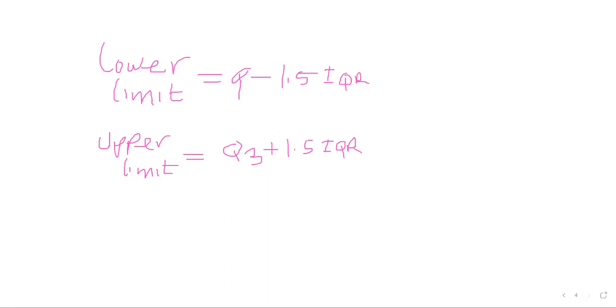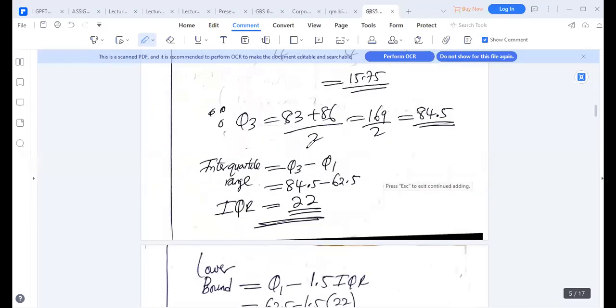Now, getting down to the lower bound, after arranging the data in order, the position of the lower quartile is 5.25.